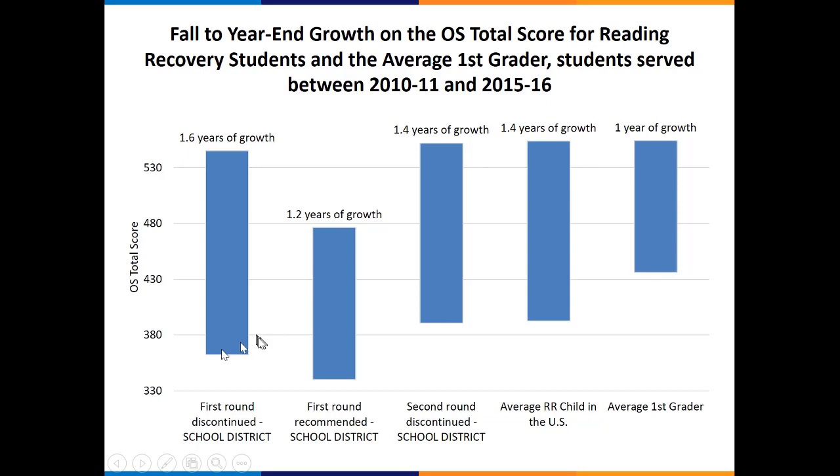Their first round students come in much lower than what we would see from your typical Reading Recovery child. In fact, their second round students look like the typical Reading Recovery child. Even better, their first round recommended students are still making 1.2 years worth of growth, more growth than you would see from the average first grader.